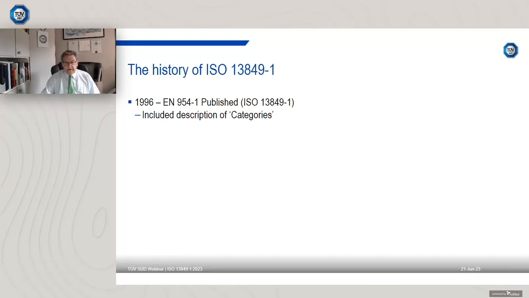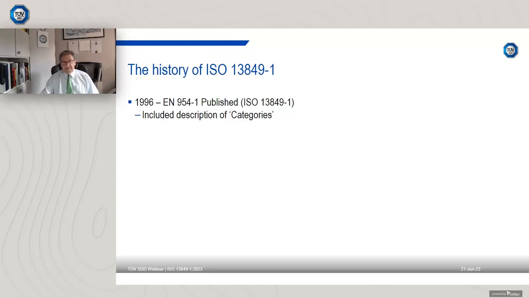And in that EN 954, it introduced this concept of the architecture of safety-related controls. It didn't use that term, but the architecture of safety-related controls were based on categories. Those categories are still in the standard today, still with a lot in common with the way they were described back in 1996.